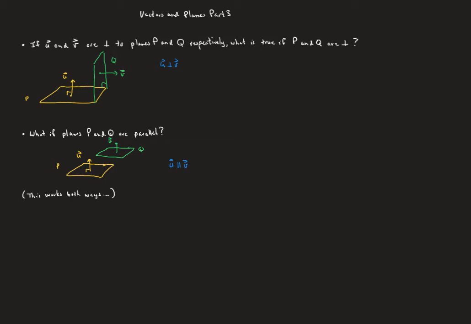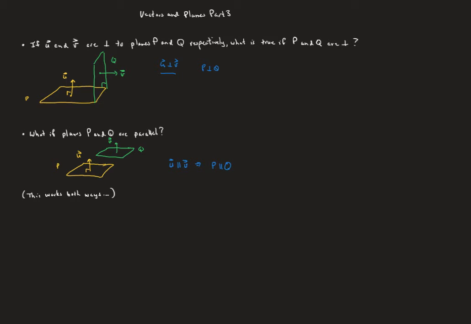And so this works both ways, meaning that we have said if the planes are perpendicular, then the vectors must be perpendicular. Likewise, if their normal vectors are perpendicular, then the planes must be perpendicular as well. And similarly, if the normal vectors to the planes are parallel, that's going to imply then that the planes are going to be parallel to each other as well.